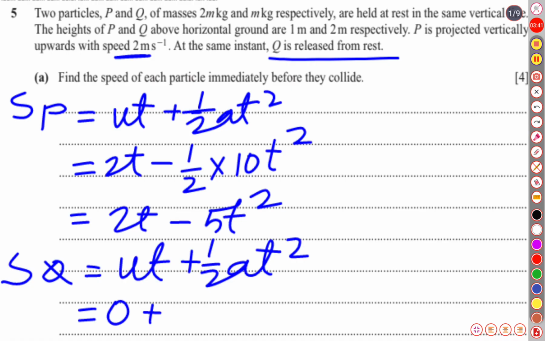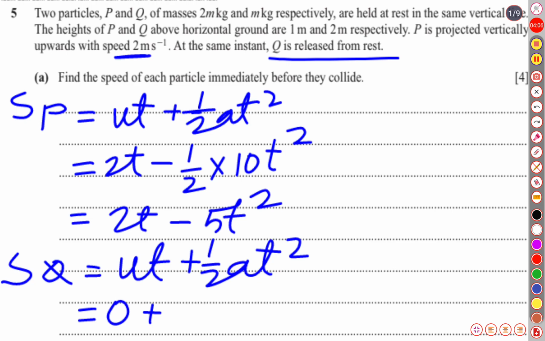For Q, the reference frame is the height. It was already 2 meters above the ground, so we are considering the point 2 meters above the ground as the reference frame, so it will be positive because the particle was moving downward.